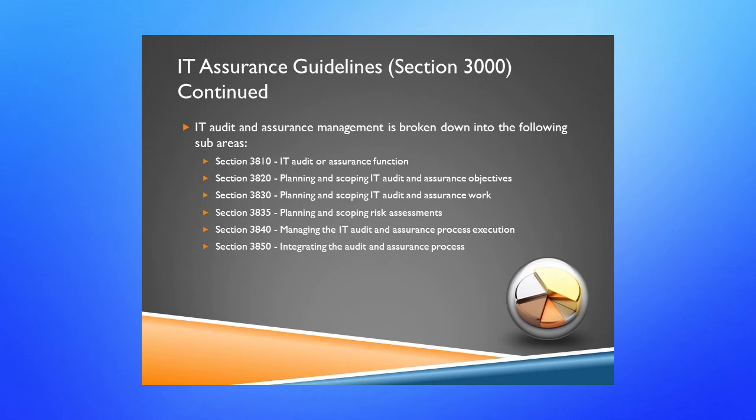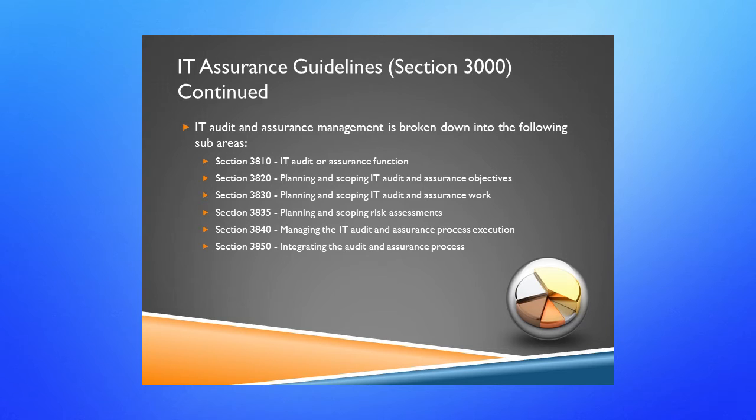The first one is 3810, which is the IT audit or assurance function, guidelines about what it is, what we're creating and working with. And then more specifically in section 3820, the planning and scoping of IT audit and assurance objectives. Section 3830 gives us guidelines for the planning and scoping of the IT audit assurance work.